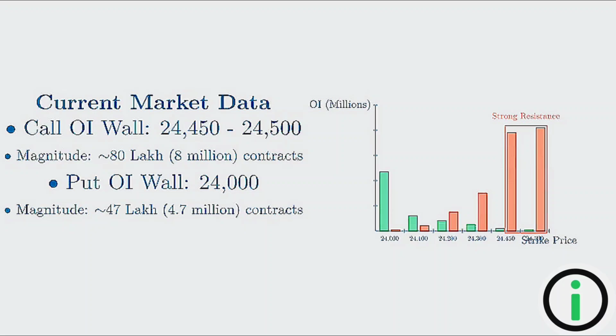This represents a massive amount of capital committed to preventing the price from breaking higher. This is a strong resistance zone. On the downside, we see a significant green pillar at 24,000 with 47 lakh contracts. While smaller than the call wall, it still represents a formidable, strong support floor, where buyers are expected to step in.